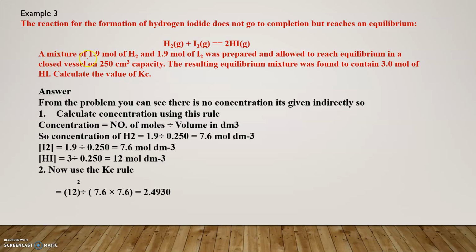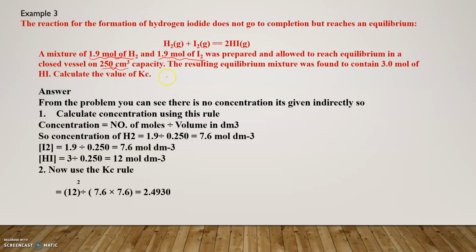A mixture of 1.9 mole of H2 and 0.9 mole of I2 iodine was prepared and allowed to reach equilibrium in a closed vessel of 250 centimeter cube capacity. So this is the volume, V. The resulting equilibrium mixture was found to contain 3 mole of HI. Calculate the value of Kc.